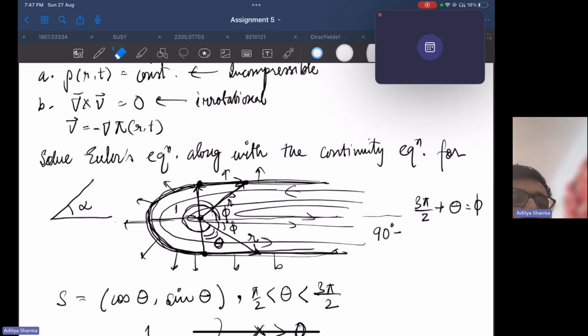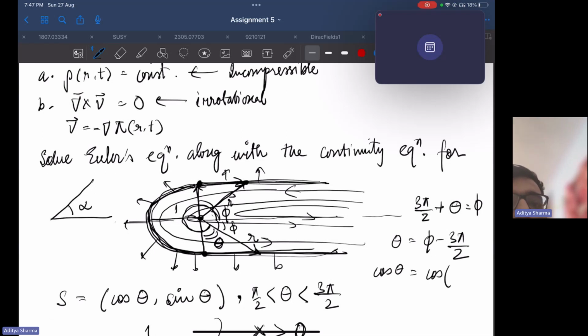So theta in terms of pi is pi minus 3 pi by 2. Therefore, cos of theta is equal to cos of pi minus 3 pi by 2. This is minus sin.